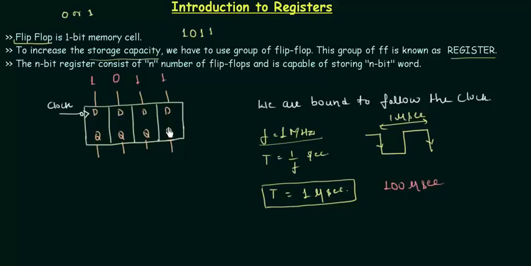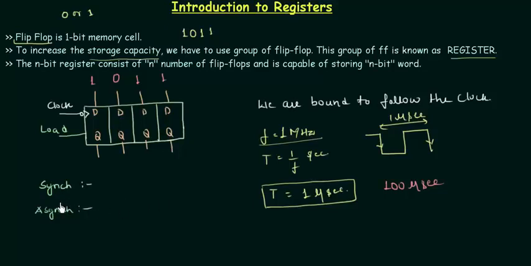For this, we have to use some independent control, and this independent control we call as load. Okay, and this load is of two types. The first one is the synchronous load, and the second one is obviously asynchronous load.